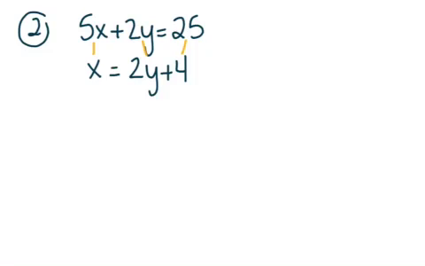So the next thing I'd like you to notice is that in this second equation right here, I have x by itself. I have x equals this whole expression. X is isolated. So the appropriate method for this system would be substitution.